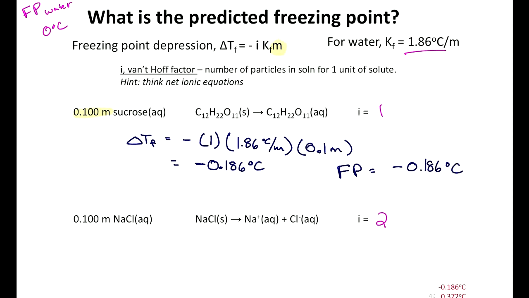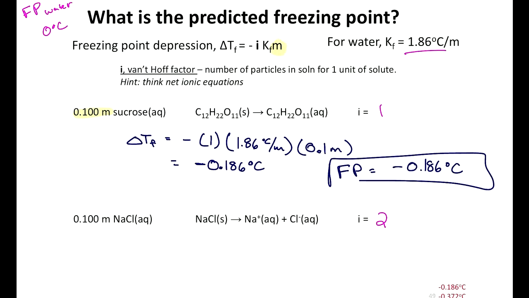If we were working with a different freezing point temperature, we would subtract from that. Like if your liquid already freezes at 20 degrees Celsius, you'll subtract from 20 degrees Celsius. But in this case, because we're working with water and it's 0, I know these numbers are the same.